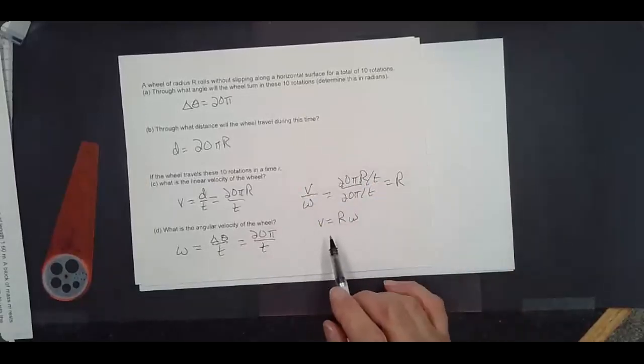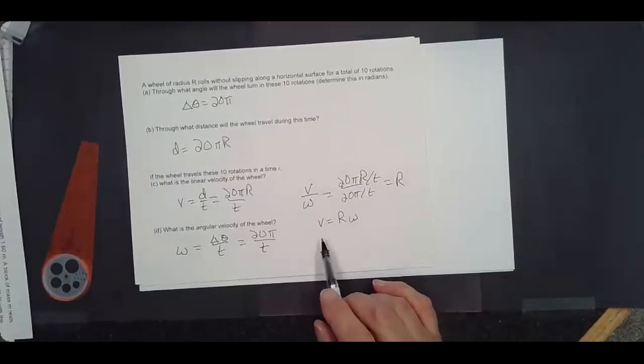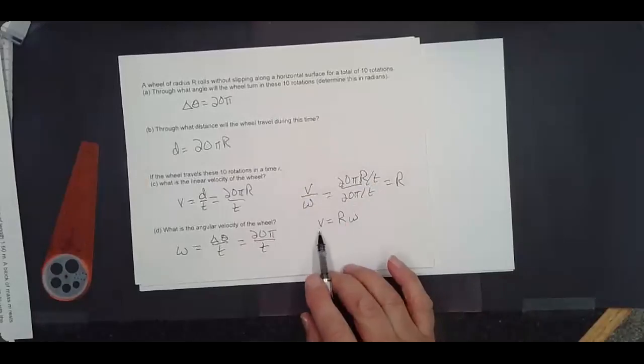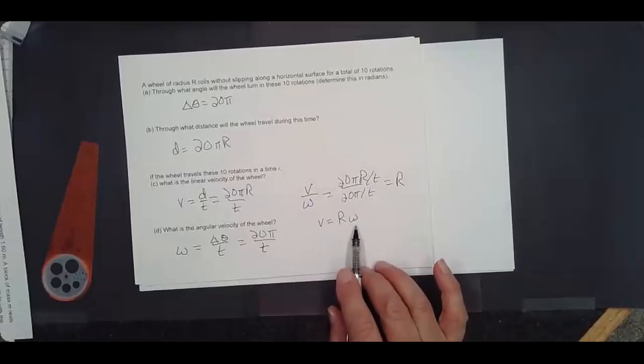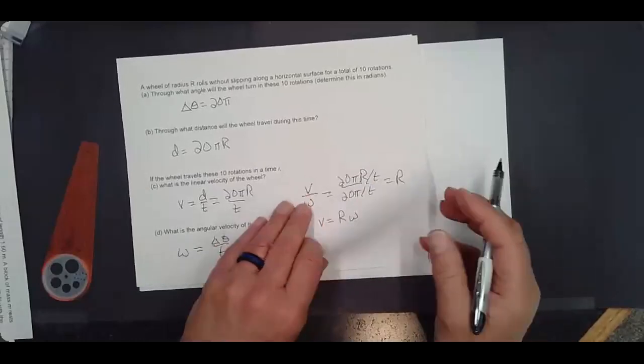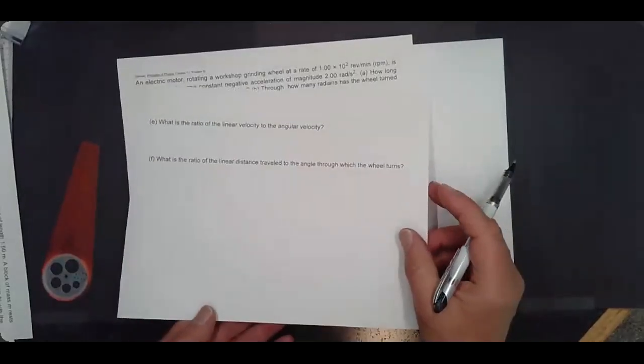This is kind of an interesting thing. When something is rolling without slipping, the translational velocity of the center of the wheel is just going to be r times omega. And so we'll be able to make that connection.